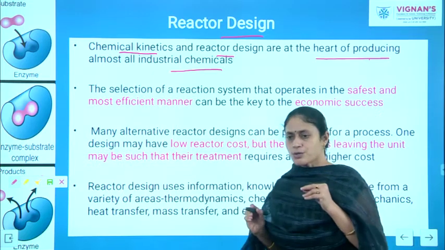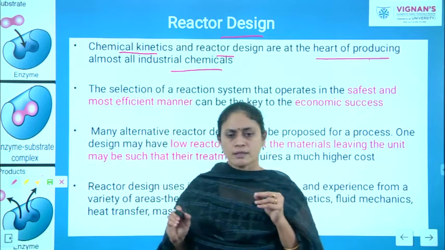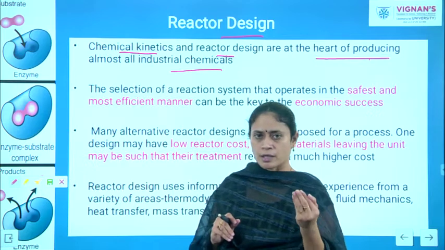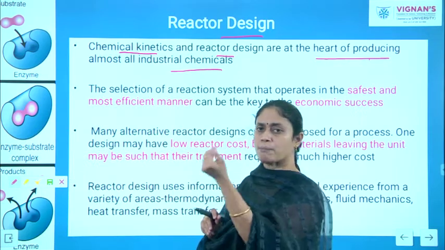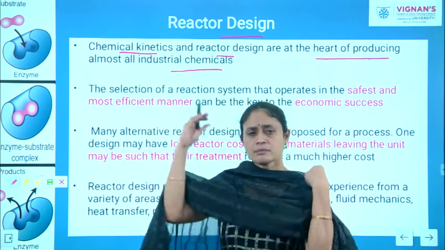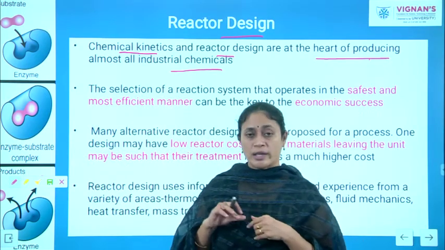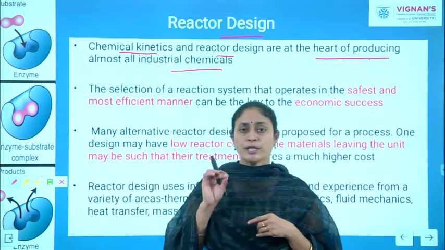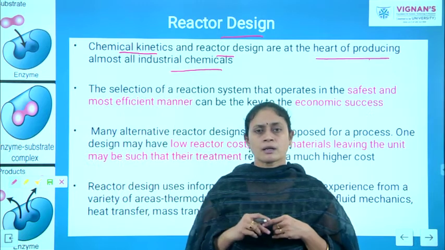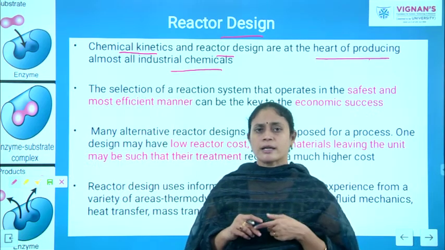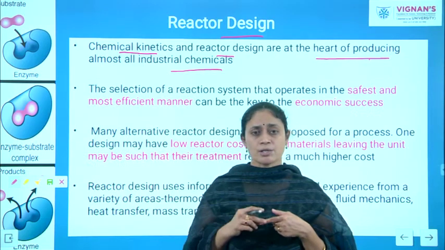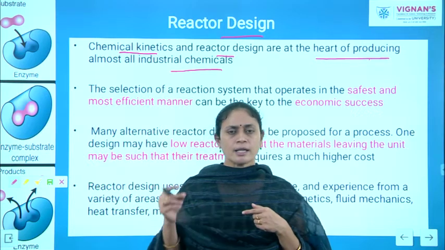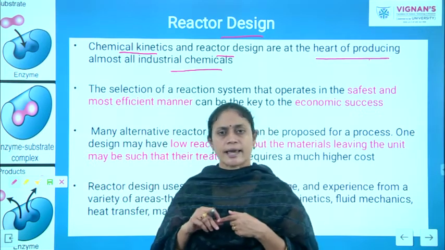When you are choosing the production of a product at laboratory scale, the calculations are different if you are going to mimic the same process at industrial scale. So whenever you are going for industrial scale production of chemicals, you need to consider two important parameters. One is your chemical kinetics, and the second one is your reactor design. These play a very crucial role in chemical production at industrial scale.